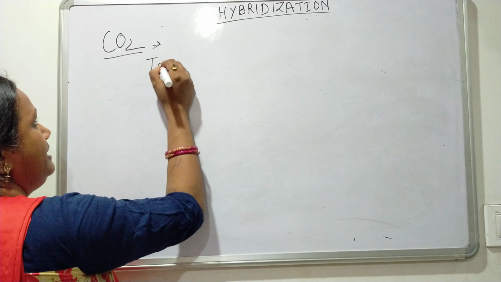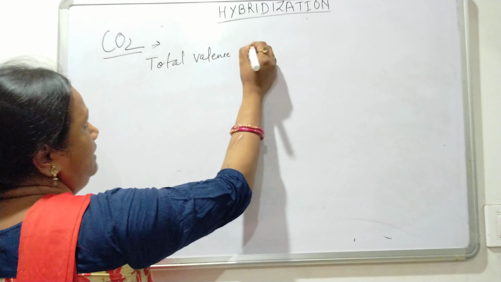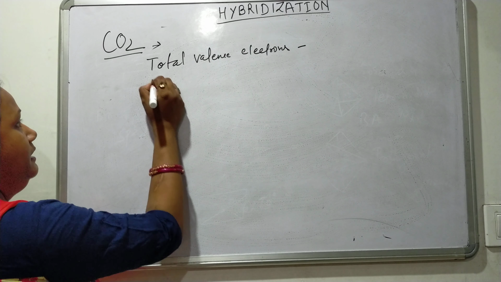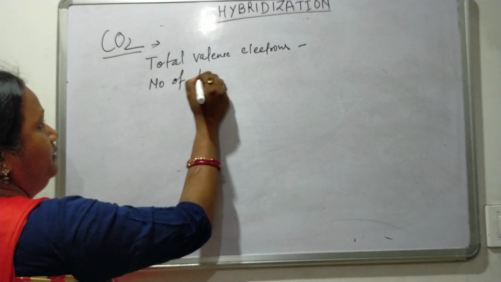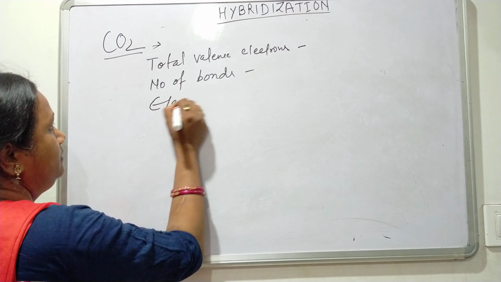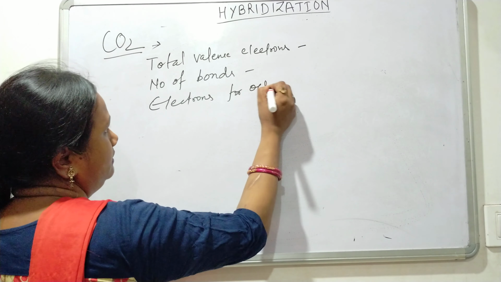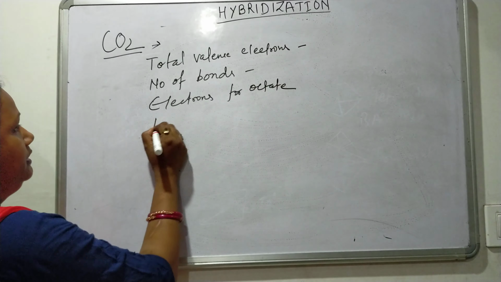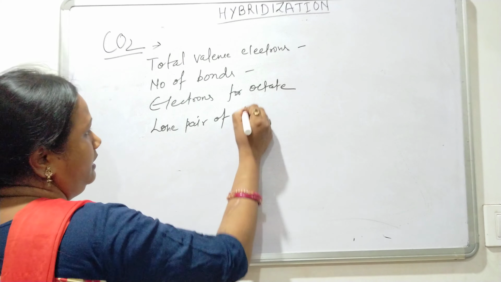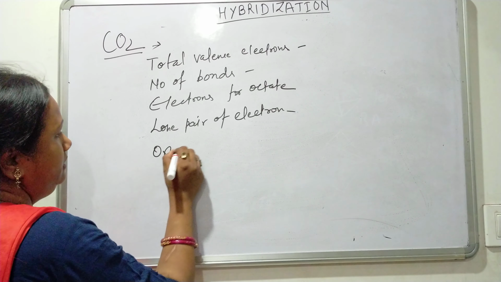First is the total valence electrons. Second, number of bonds. Third, electrons for octet. Fourth, lone pair of electrons. Fifth, orbital needed, then hybridization, structure, shape, and bond angle.